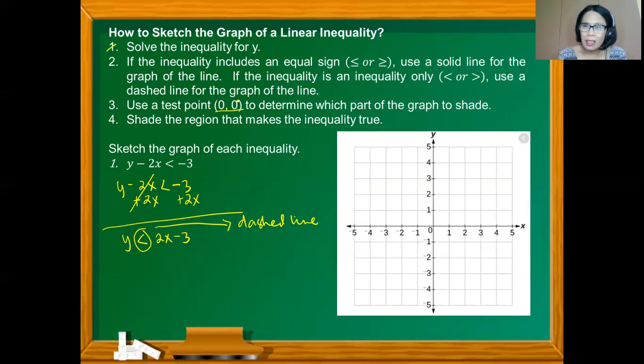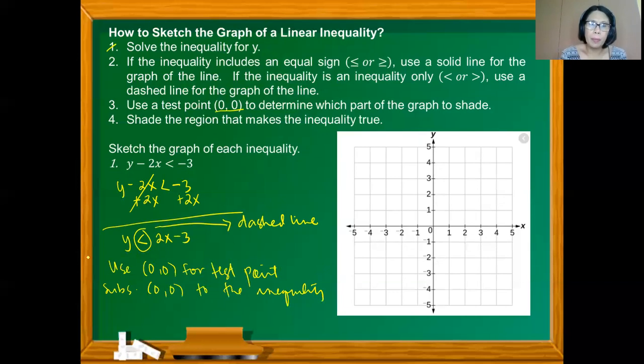But you can assign any point and substitute that to the inequality. So if we're going to use the origin (0, 0) as the test point, we will substitute (0, 0) to the inequality.